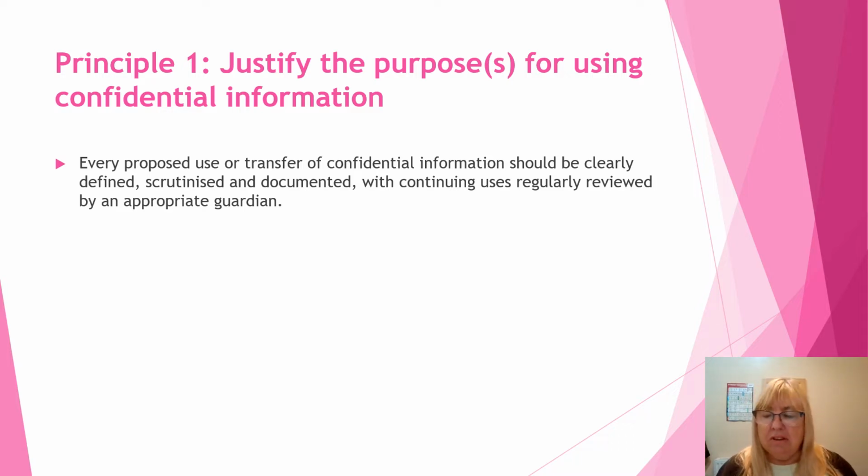The Caldicott Guardian will check information every now and then just to make sure that people are not putting in things that don't need to be there. Personal information isn't really wanted in that sense. So just think about that.